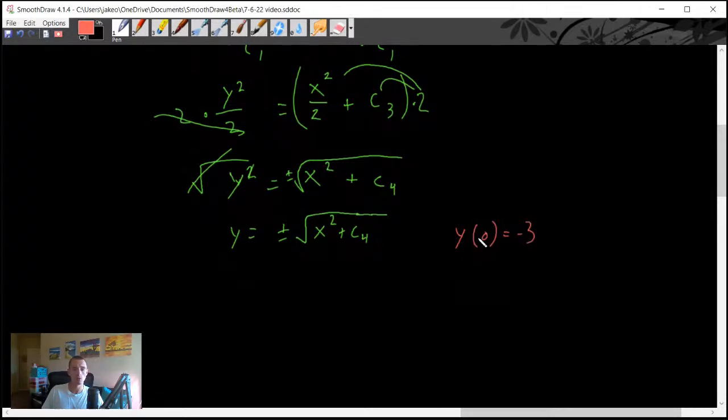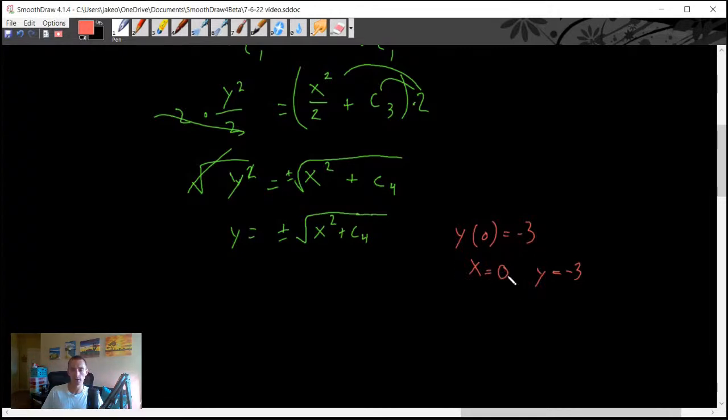So essentially, since we know that our function y here is a function of x, when we're plugging 0 into that, that means we're plugging 0 in for x. So basically, when x is 0, we know that our output, which is y, since y is our function, our output variable is y, our output is -3. So y is -3. When x is 0, y is -3. That's what this initial condition tells us.